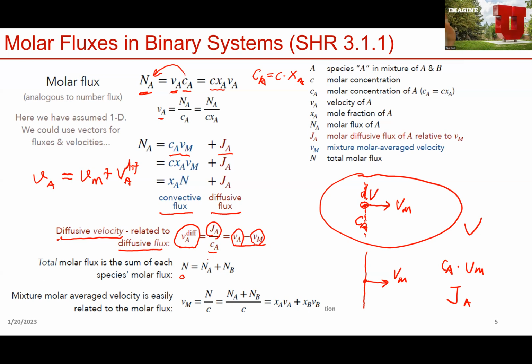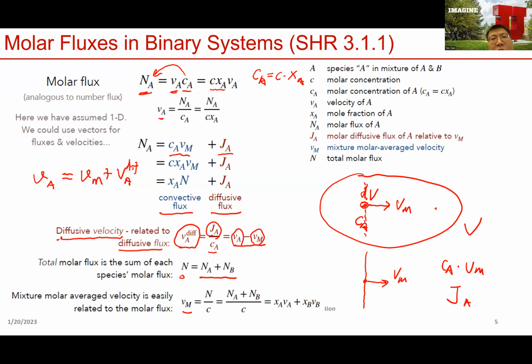And total molar flux, right? We are dealing with a binary mixture. So at any point in the control volume, we have the flux of A, and we also have the flux of B. We can definitely compute the total molar flux of A plus B, that's by definition NA plus NB. Then by definition, the molar average velocity should be the ratio between the total molar flux divided by the concentration, right?